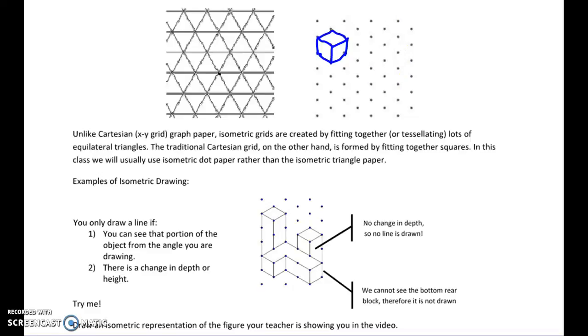So as you can see in this diagram down here, we've got a lovely isometric drawing, and there's no line drawn there because there's no change in depth. Just like I don't draw lines here because there's no change in depth. And we can't see the bottom, rear, back block of this drawing, so we don't even draw it.